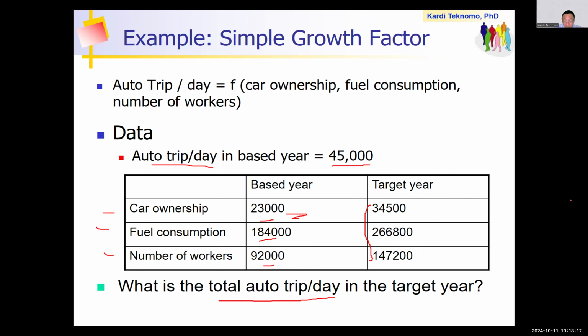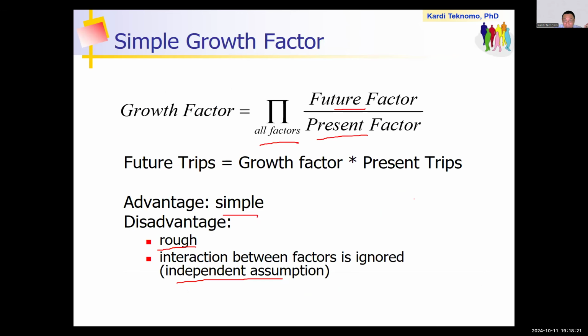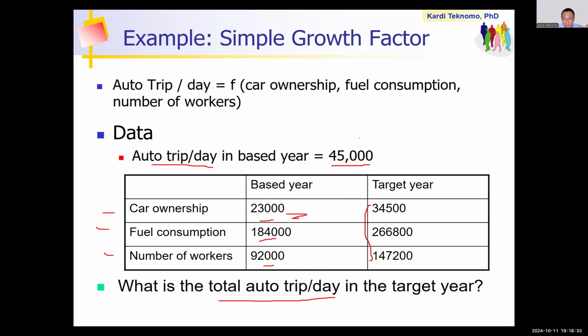So what you need to do is just divide: the future divided by the present, and then you multiply. The future trip is just the growth factor multiplied by today's trip. So if you know that today's trip is 45,000, then you can get the future.